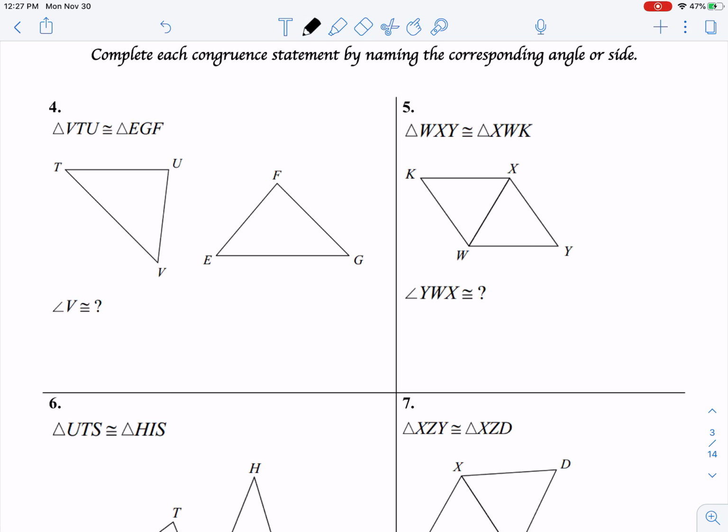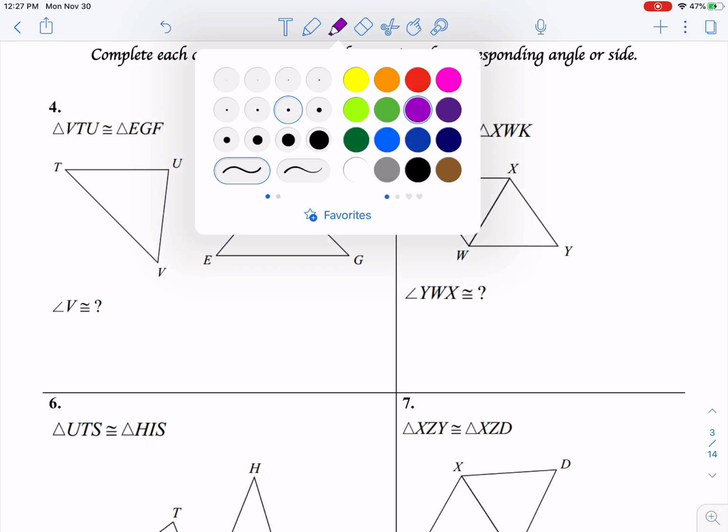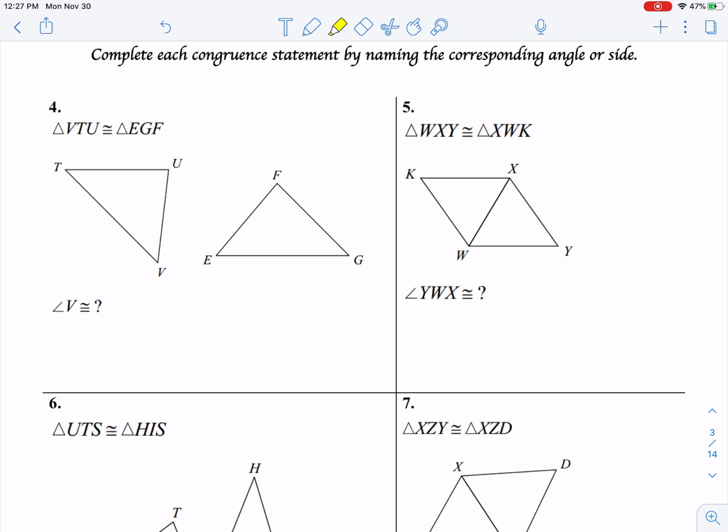And very simple, I'm going to actually color these. I think using color here works a little bit better. So VT tells you where to start. So V to T goes with the first two in the next triangle, so E to G. All right.